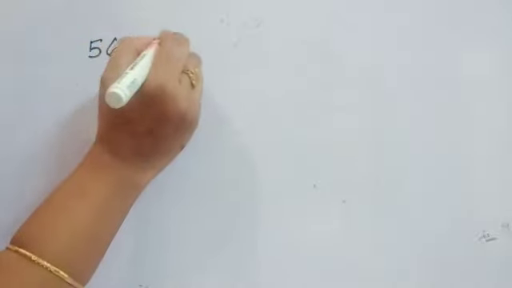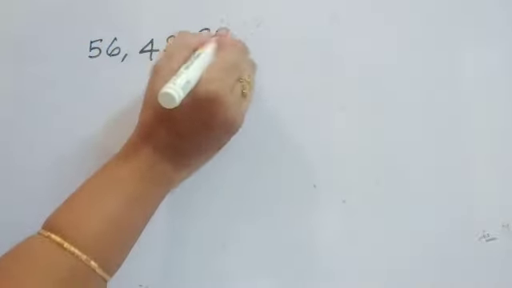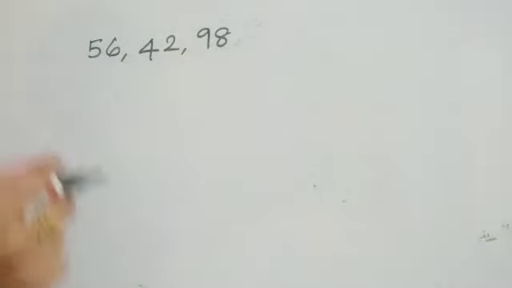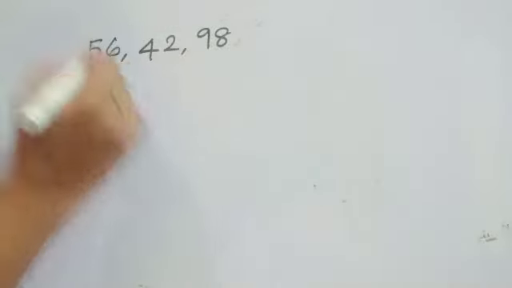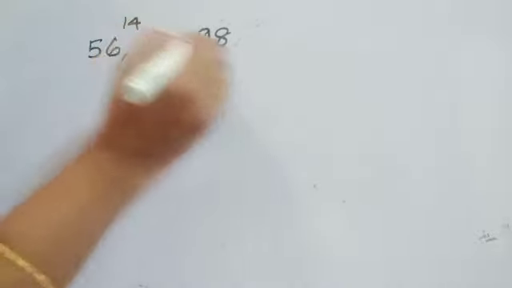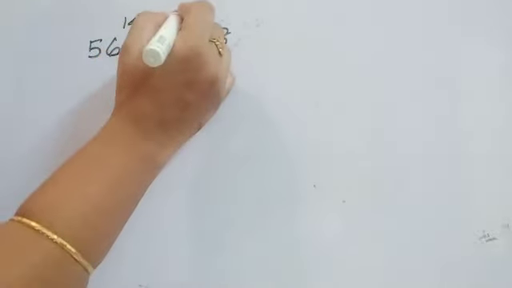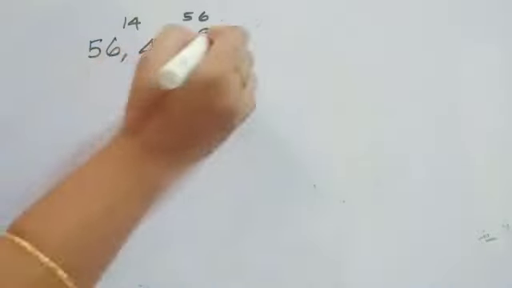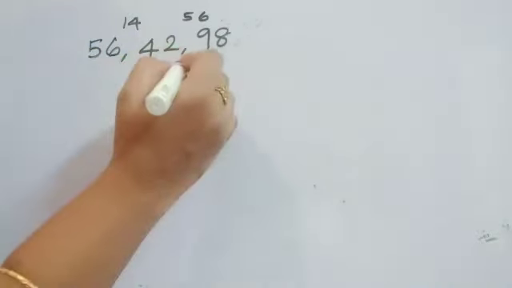The next set of numbers which I am going to take here are 56, 42 and 98. So here also we have three numbers. We need to find the differences. The difference between 56 and 42 is 14, and the difference between 98 and 56 is 42.